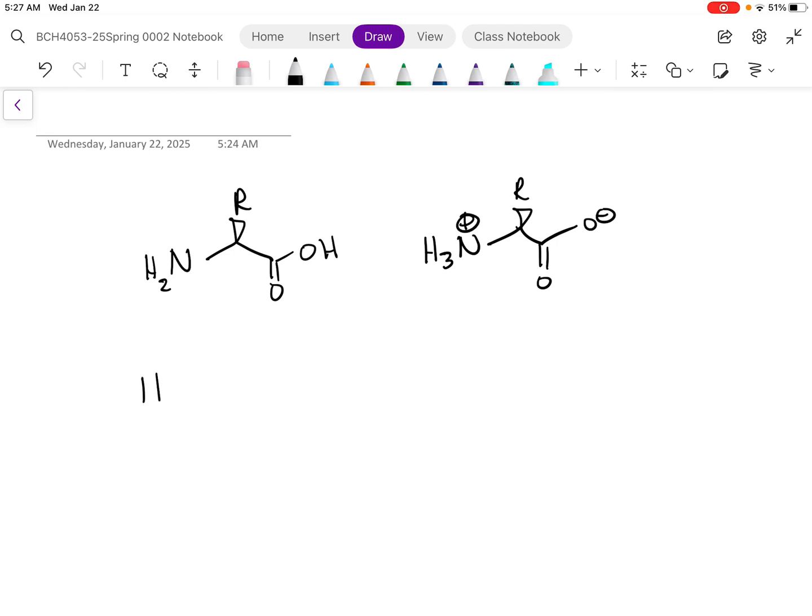We could also have the N terminus and the C terminus look like this. Okay, just like that. Well, let's see. What other version could we have?